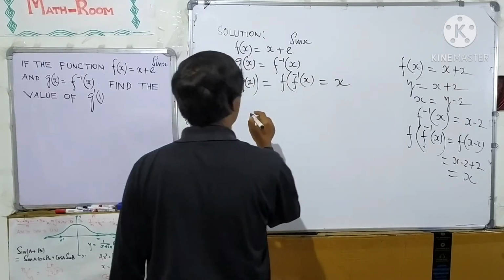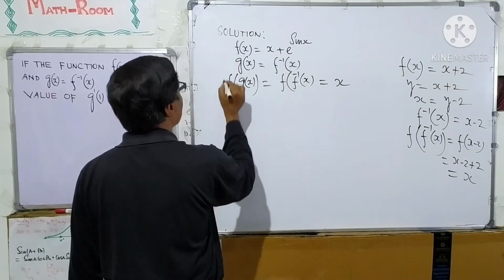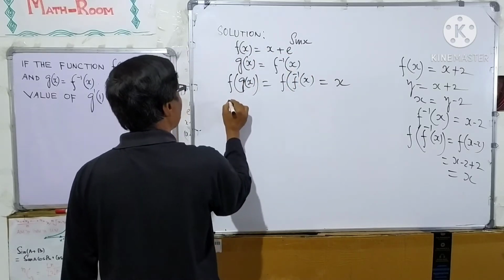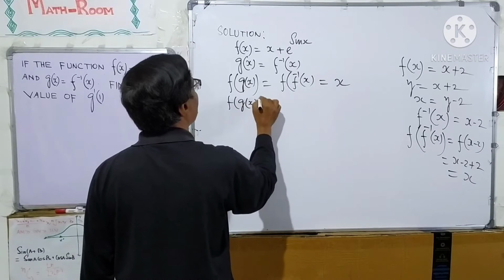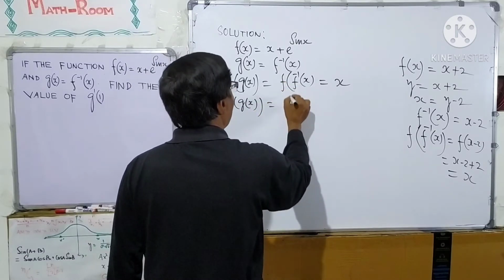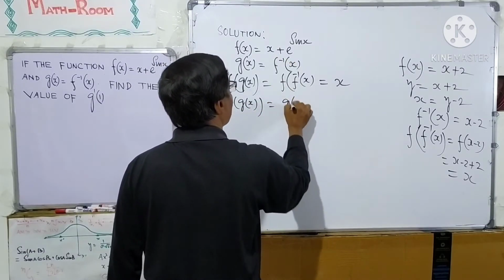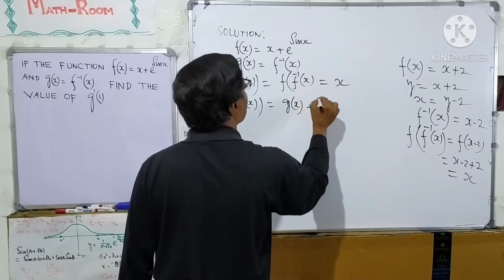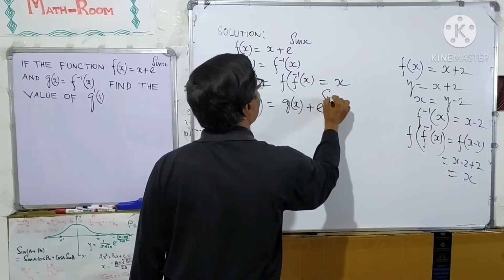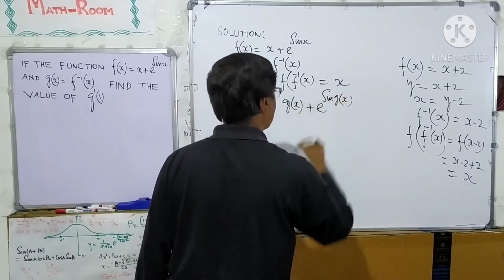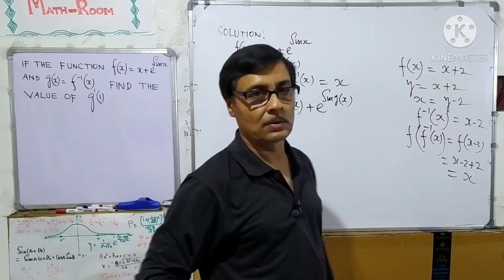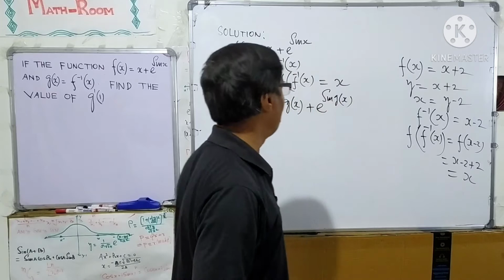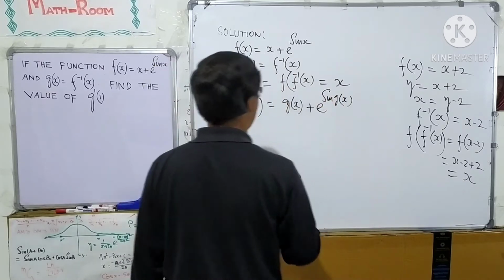Now f(x) is this, so f of g(x) is also g(x) plus e to the power sin g(x).